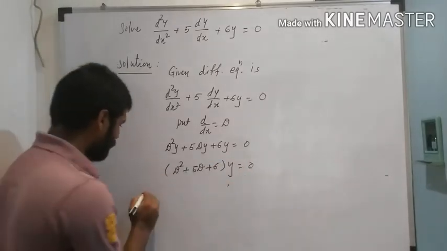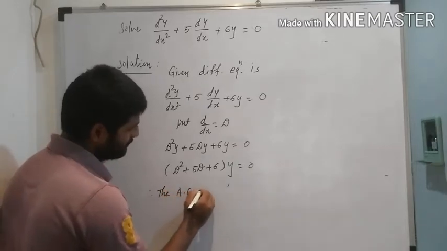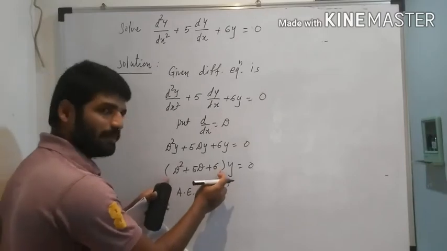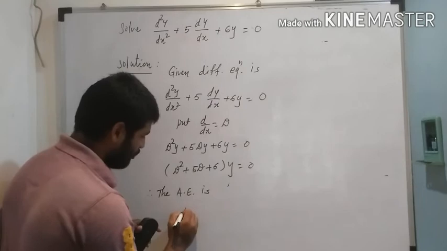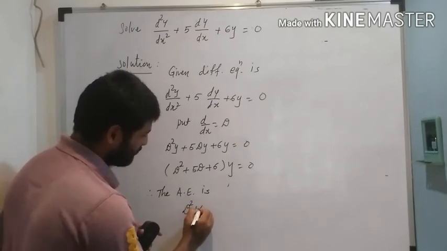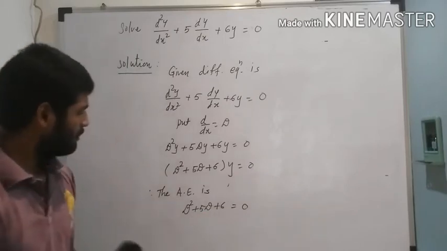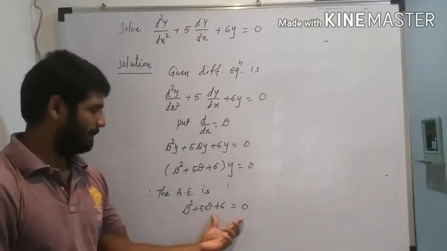So therefore the auxiliary equation is f of D equal to 0. f of D means what? This bracketed term. So we have to equate this bracketed term to 0. So therefore D square plus 5D plus 6 equal to 0. So this is your auxiliary equation. Now we have to solve this auxiliary equation.